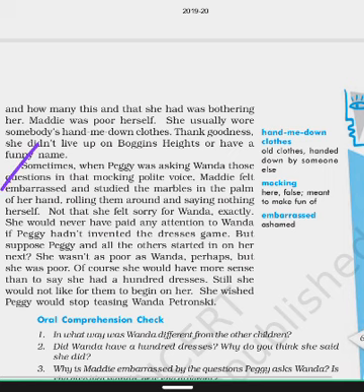Now we will try to understand that sometimes when Peggy was asking Wanda those questions in that mocking polite voice, Maddie felt embarrassed and studied the marbles in the palm of her hand, rolling them around and saying nothing herself. When Peggy made fun of Wanda Petronski, Maddie also felt very embarrassed.